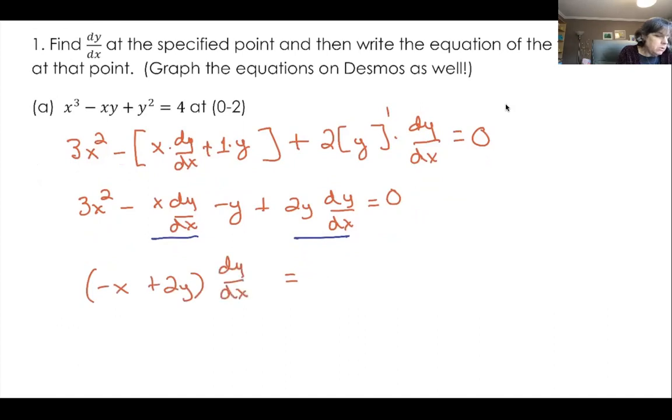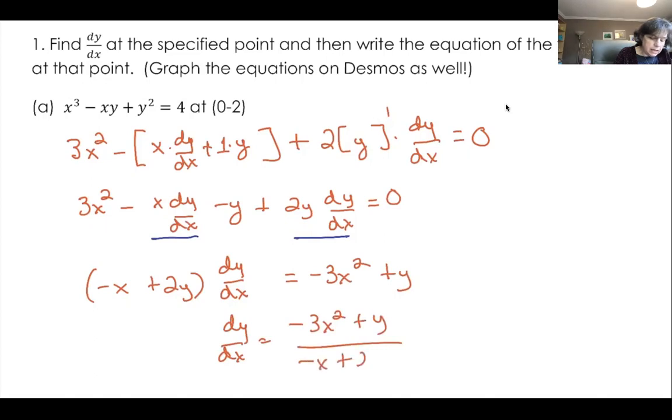There was a minus x here and a 2y there, so that's there. And then the other terms, I'm going to take to the other side. So minus 3x squared plus y. So dy/dx equals minus 3x squared plus y divided by minus x plus 2y.